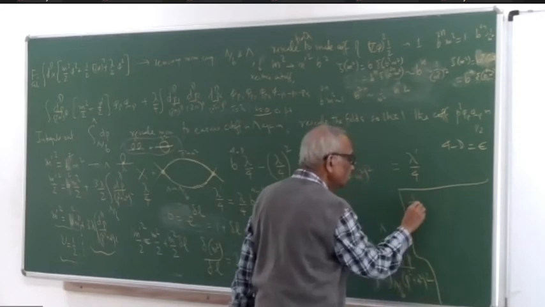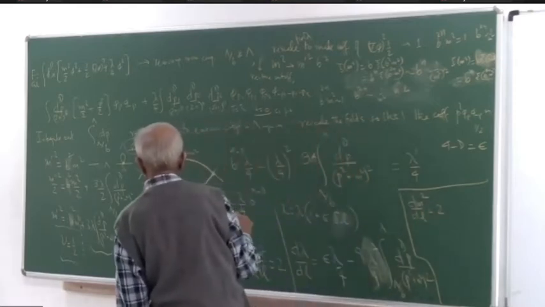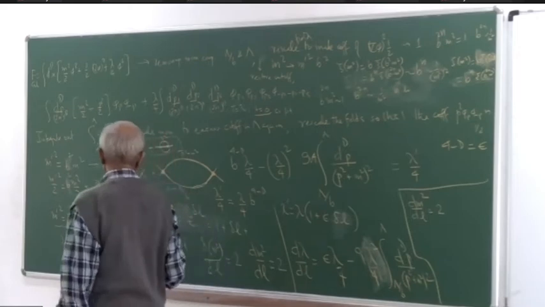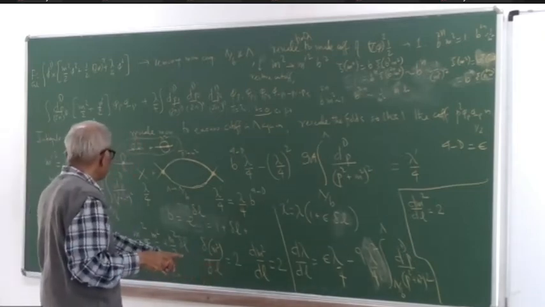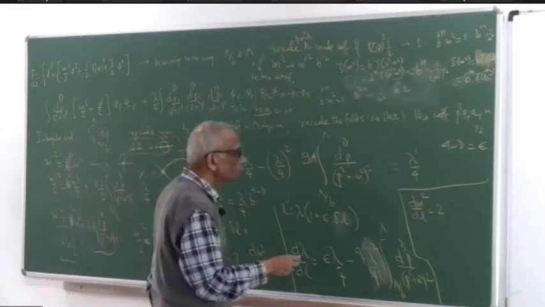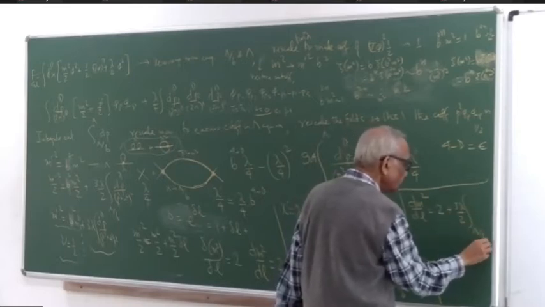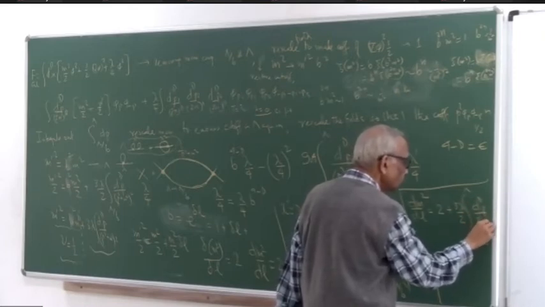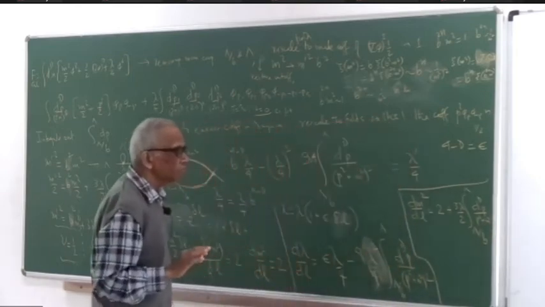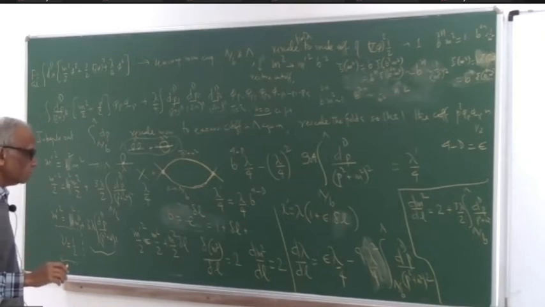To two-term accuracy, d M squared by d L is 2 plus 3 lambda by 2 times the integral from lambda over b to lambda of d^d p over p square plus m square. That's d M squared by d L.